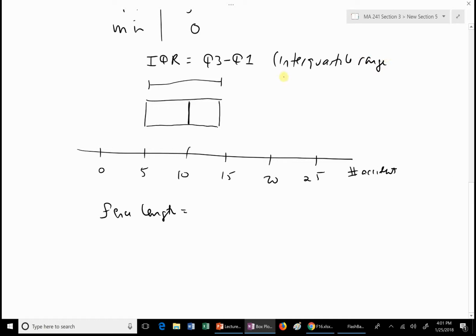And really it's just the length of the box, right? Think of it as the size of the house, okay? And so in this case, what do we have for the IQR? Well, the IQR is Q3 is 14, Q1 is 5, so the length of that box is 9, right?